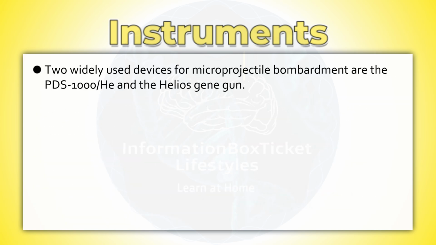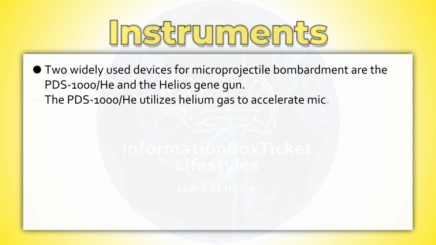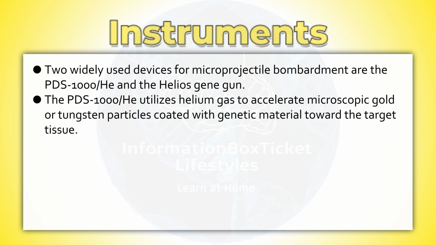Two widely used devices for microprojectile bombardment are the PDS-1000/He and the Helios gene gun. The PDS-1000/He utilizes helium gas to accelerate microscopic gold or tungsten particles coated with genetic material toward the target tissue.